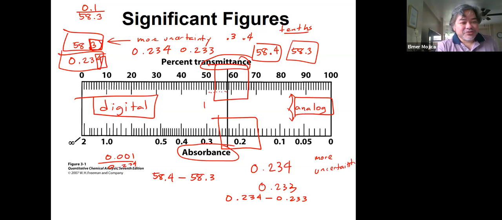But you don't have to think, is it 0.3 or is it close to 3 or 4? Because it cannot be 5, because a 5 should be in the middle. So what are you doing when you try to decide if it's 0.234 or 0.233? You're already doing an estimate of what value this reading falls to. Okay?